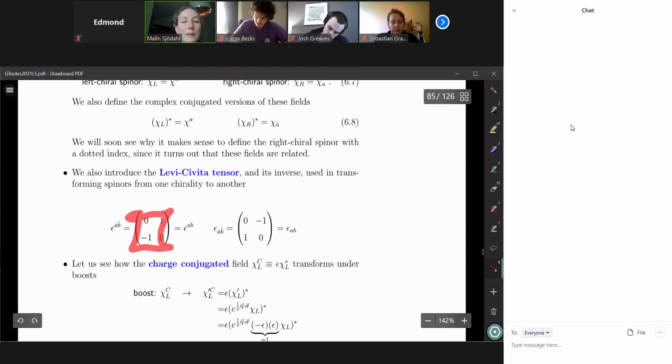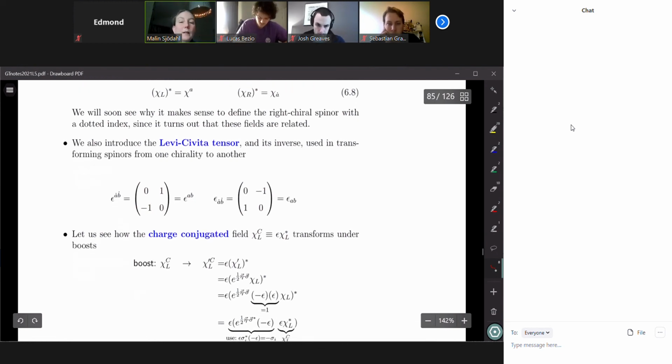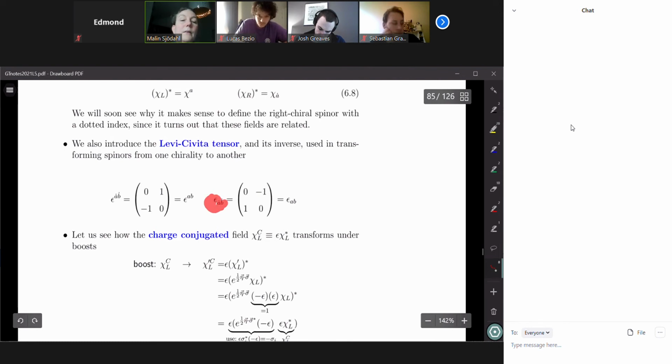This is just the matrix representation of the Levi-Civita tensor, having 1 here for the 1-2 order and -1 here for the 2-1 order. The inverse of it must have the -1 sitting there instead, and the inverse is then also the one with two lower indices, either dotted or undotted.